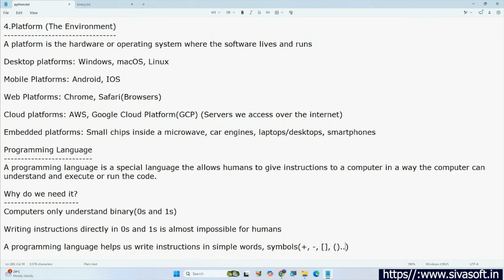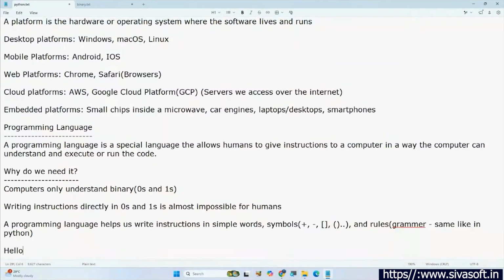So these are all some symbols. And also we need to follow some syntaxes, nothing but rules. Just as in the English language we have some grammar, right? Same like that here also, some syntaxes, some rules we need to follow. Same like in Python, if you write like this, it's an error. Characters or words always go inside the quotation.